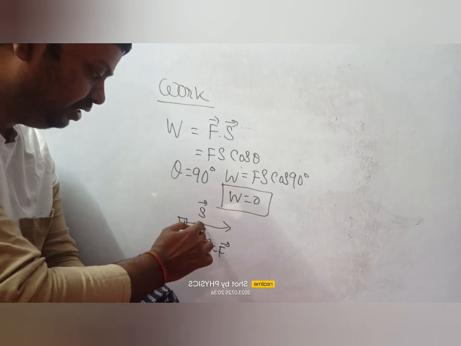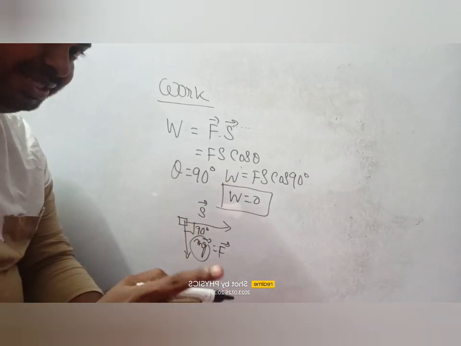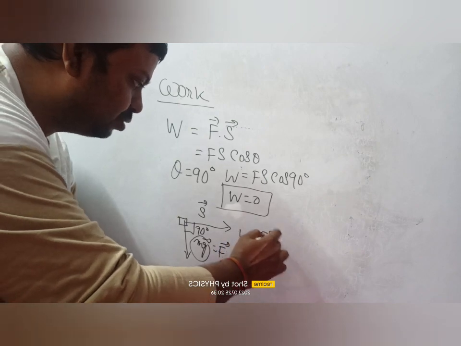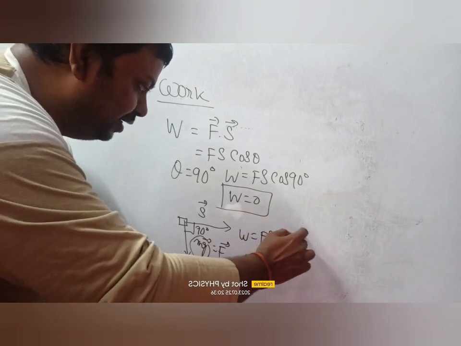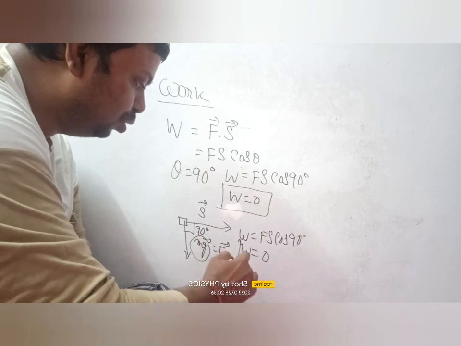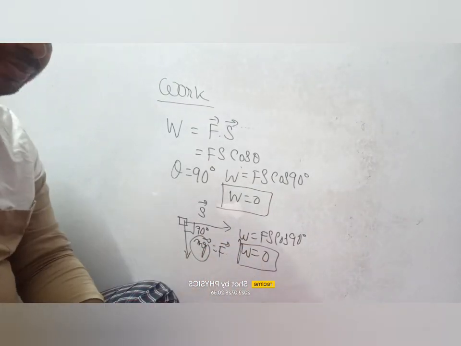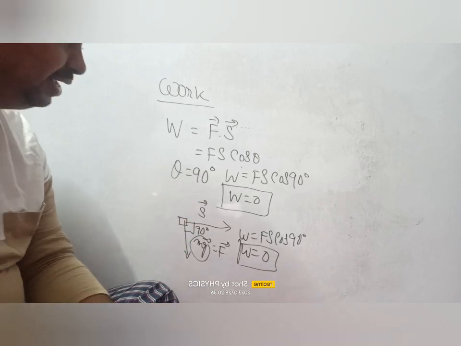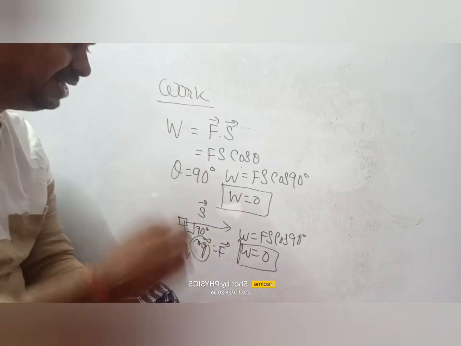It is 90 degree. Then the work done by the gravitational force is W equal to F S cos of 90 degree, that is equal to 0. Work done is 0. Okay, we understood the practical application of that theory.